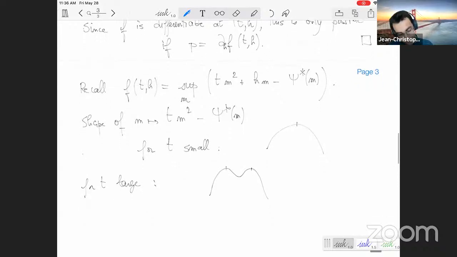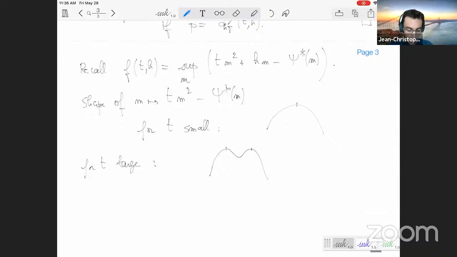There's a statement often called the envelope theorem that tells you that, in particular, if there is a unique optimizer in your problem, so for h tiny positive there is a unique optimizer, then the function is differentiable, and the derivative is obtained by just naively pushing the derivative through the supremum.